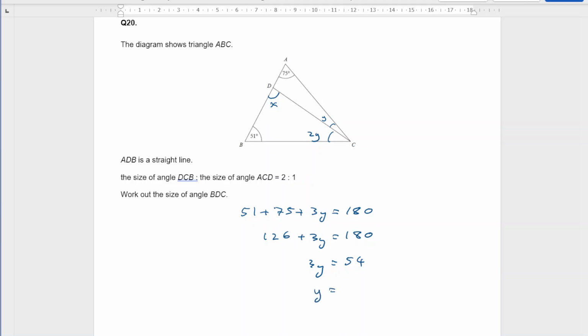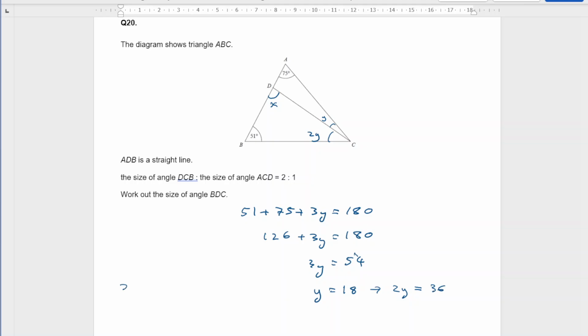So y is going to be equal to 18. 3 goes into 5 once with 2 left over, yeah, 18. So 2y is going to be equal to 36.